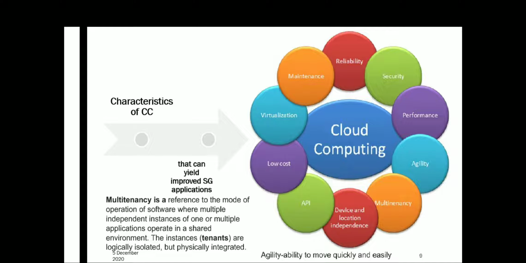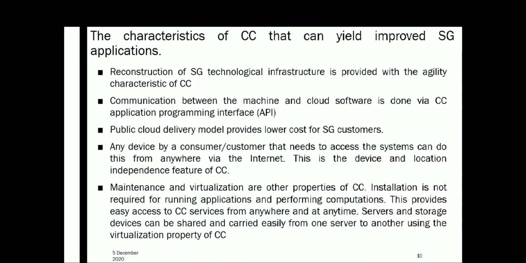Cloud computing characteristics, and the characteristics of cloud computing that can yield improved smart grid applications. Our interest is to find out the characteristics that can be utilized for smart grid.